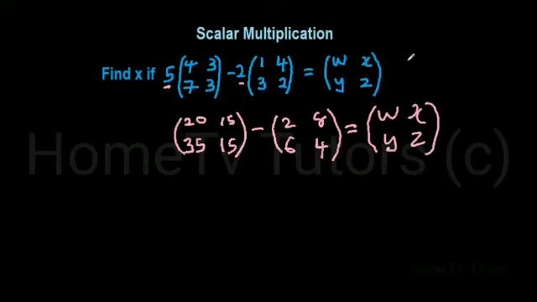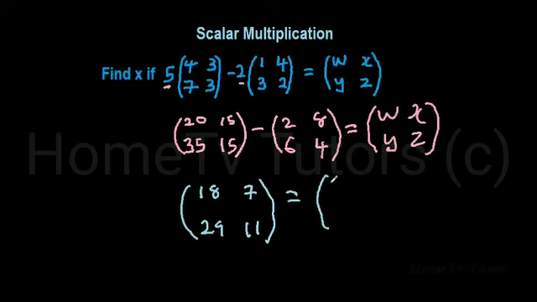Alright, so now we subtract this matrix from this. So 20 minus 2 is 18. 15 minus 8 is 7. 35 minus 6 is 29. 15 minus 4 is 11, which is equal to the matrix [w y; x z].